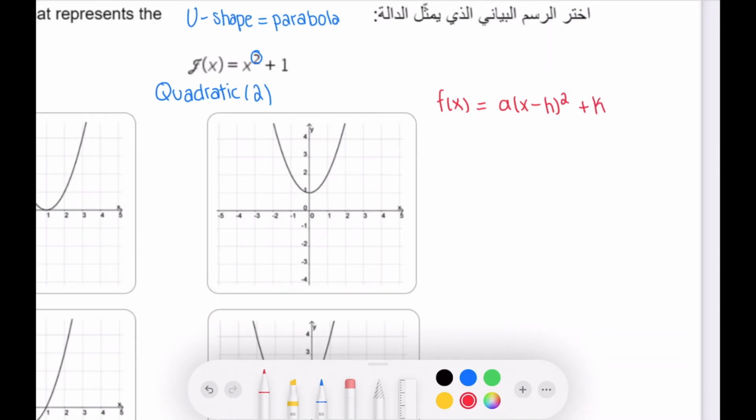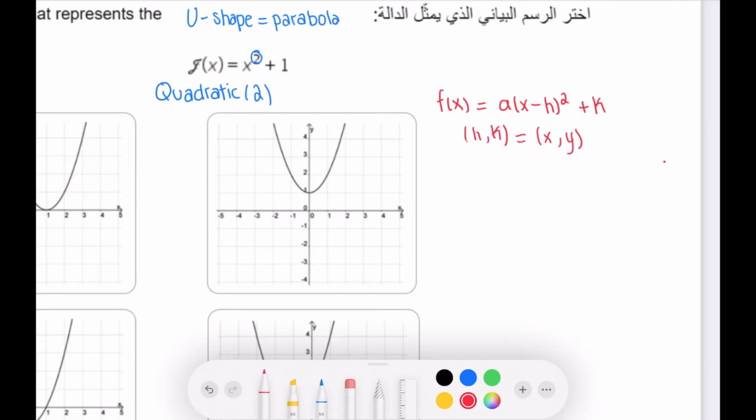So this is the vertex form. We can find the vertex by using h and k, which is equivalent to x and y.